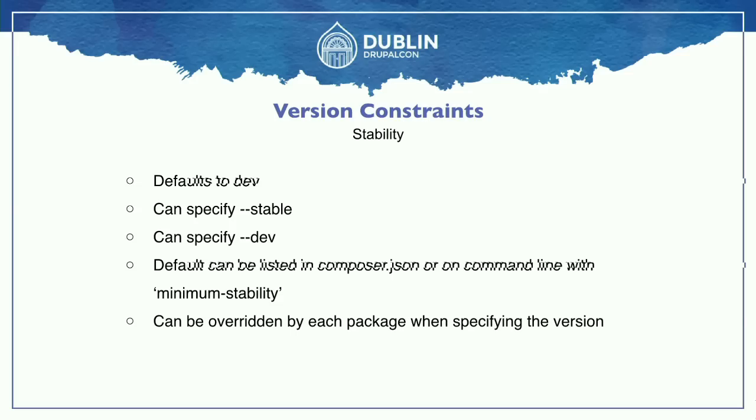So the minimum stability can be set in your Composer JSON file, but each project can override that. So if you say, my minimum stability is dev, but for this particular package I want to make sure I only have a stable version, you can specify stable on that particular library.